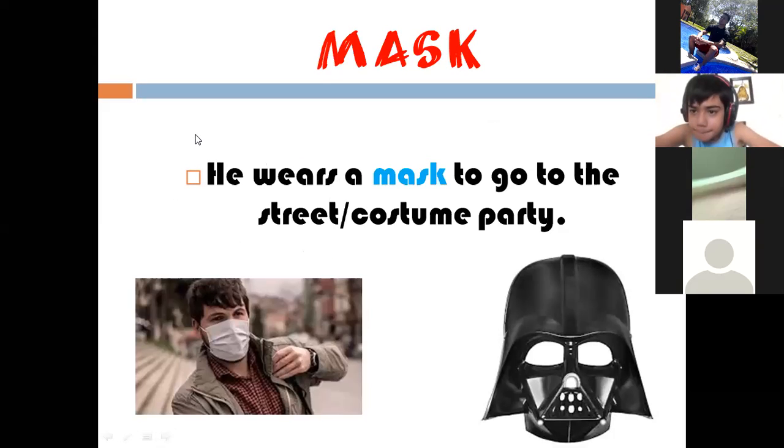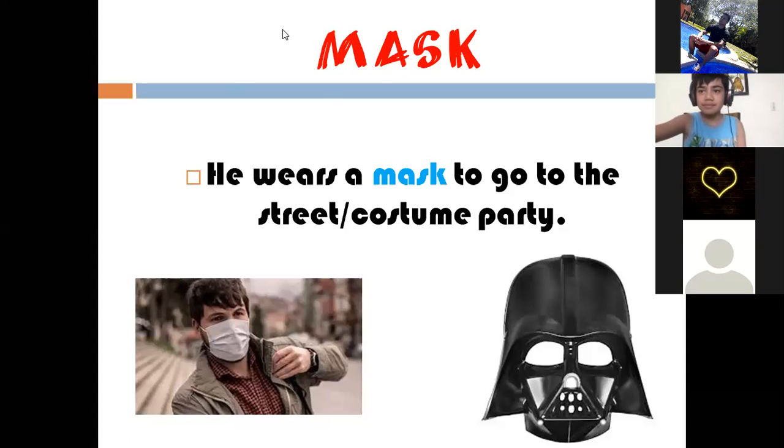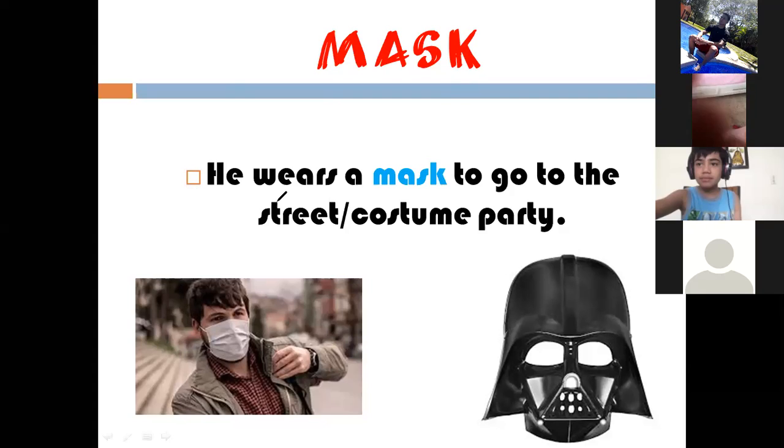Look at this. These are two examples of what masks are. What is a mask? For example, the common mask that nowadays we are wearing because of the coronavirus is this example. But you can also use a costume mask, for example at a costume party, wearing something about Star Wars.